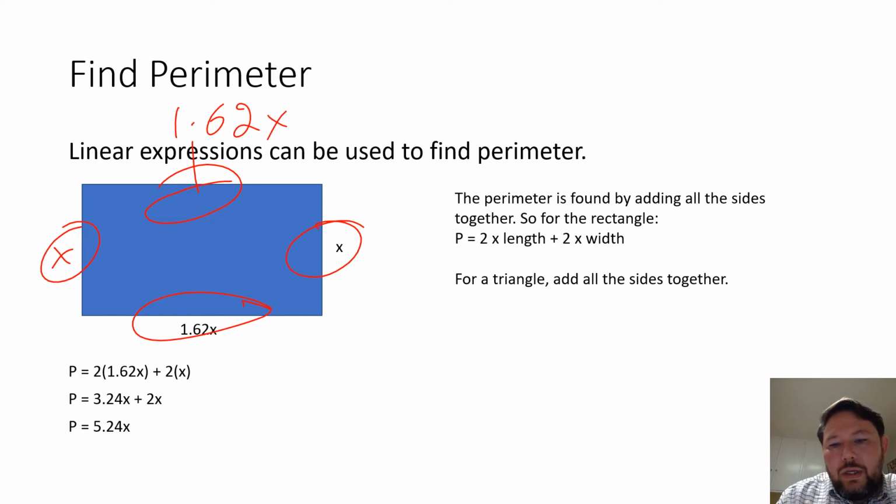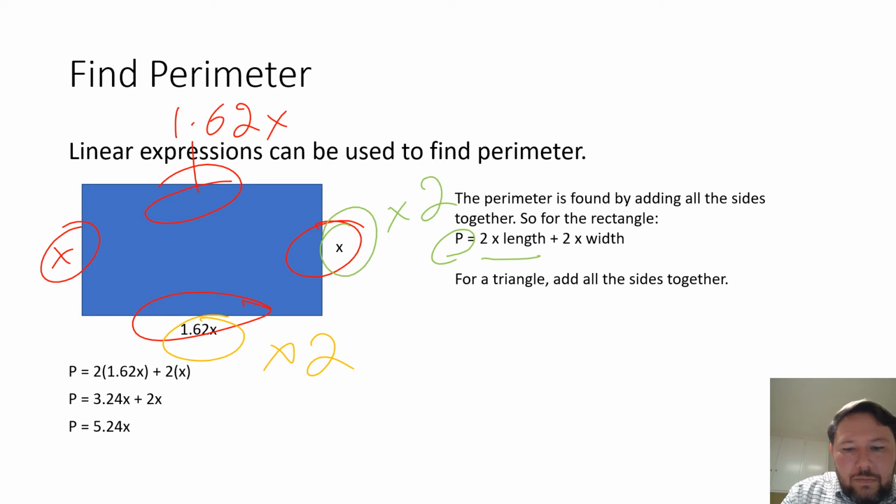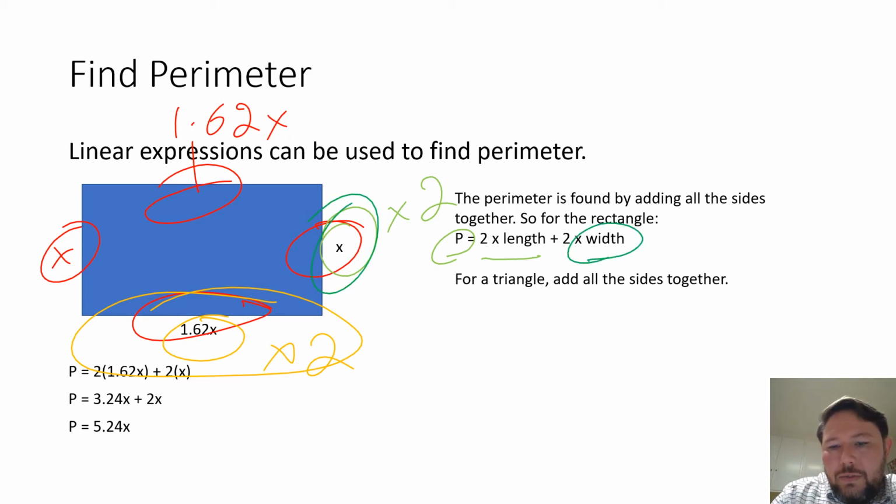So that means that we can simply write it as we take this side here and we times it by 2. We take this side here and times it by 2 as well. So that's why I have P for perimeter equals 2 times the length and the width plus 2 times the width.